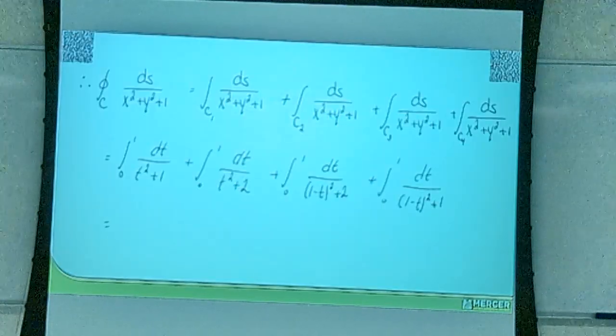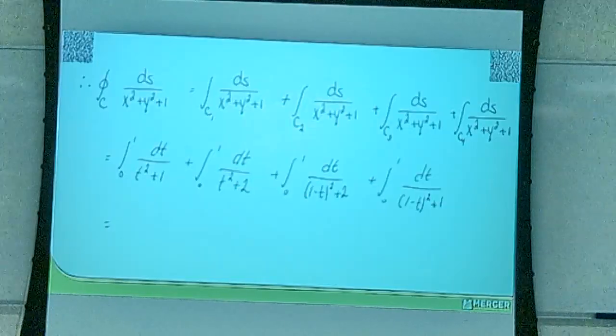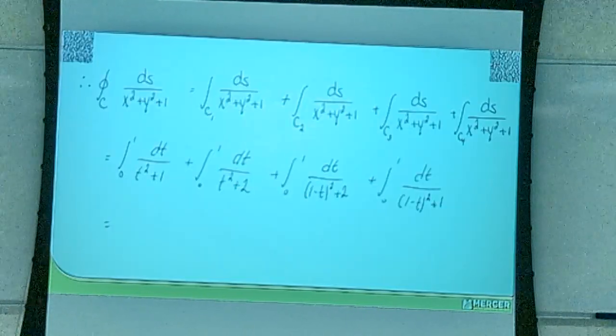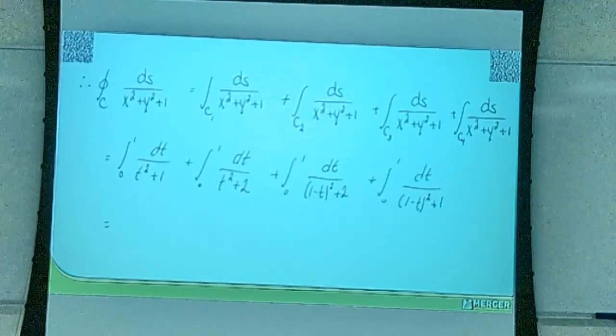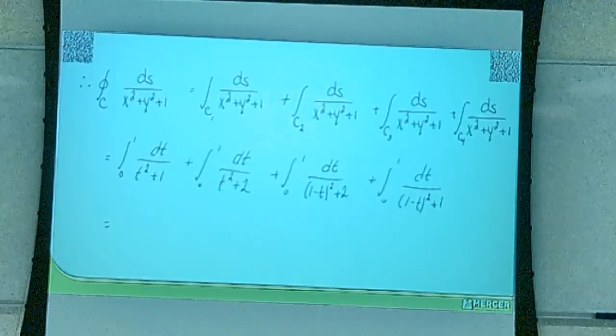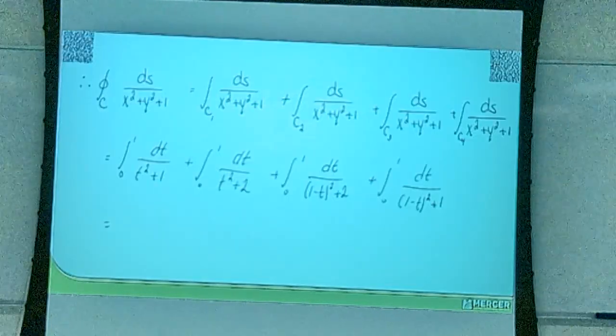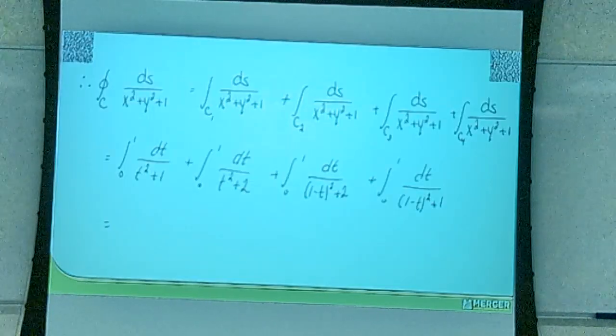The antiderivative of 1 over t squared plus 1 is the inverse tangent. So you switched 3 and 4 to be 1 minus t? Yeah, t becomes 1 minus t. Now I'm oriented in the right direction.